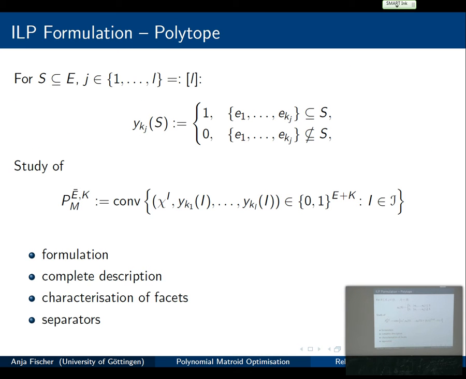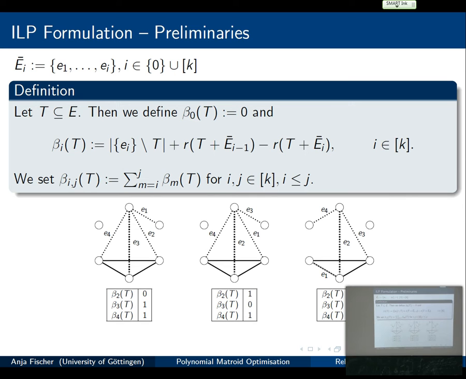Okay. But before I can show you the formulation, I need the beta. And the beta are in some sense a bit strange object. So we look what happens if we add an element EI. So if EI is already contained in these sets, nothing happens. We have a 0 in all cases. And then we compare the old rank with the new rank.